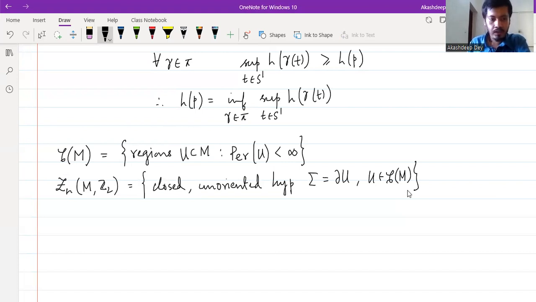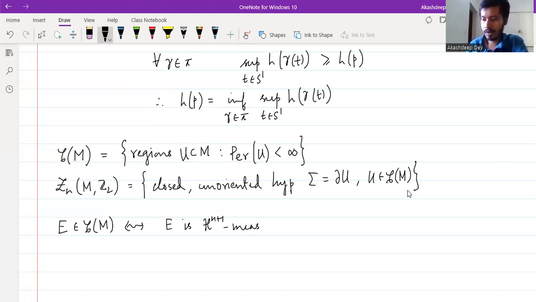So we say that E is a Caccioppoli set, that is E belongs to Cm, if and only if E is H^(n+1) measurable. So H^(n+1) is n plus 1 dimensional Hausdorff measure, and this is almost the same as Borel measurable.